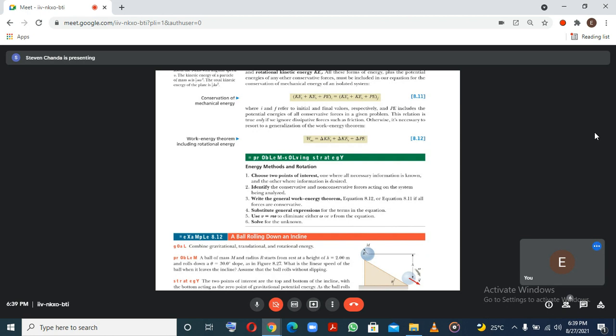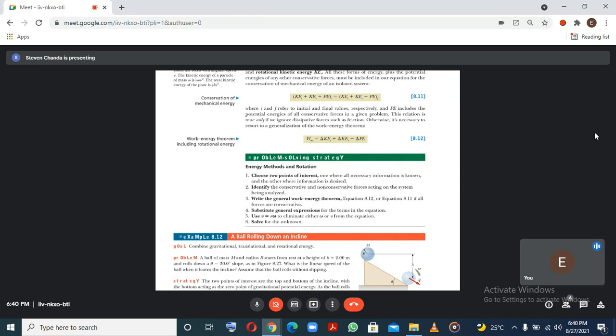Then assume that the ball rolls without slipping. What does that tell you? First of all, it tells you that there's no friction that we are considering. The other important thing is that because the ball is rolling without slipping, we can relate the translational velocity to be equal to radius times angular velocity.